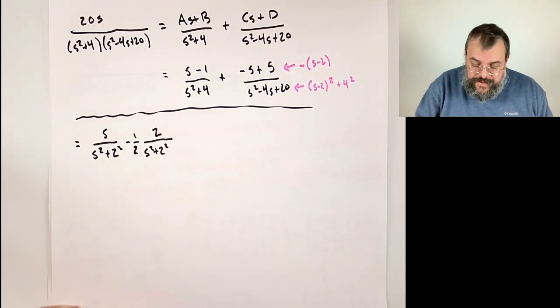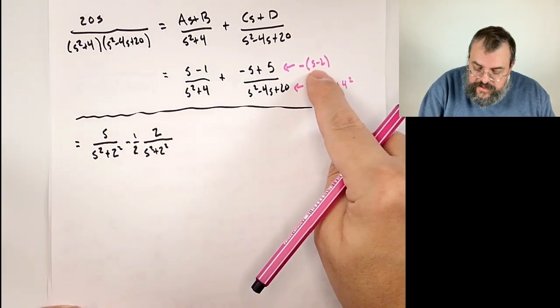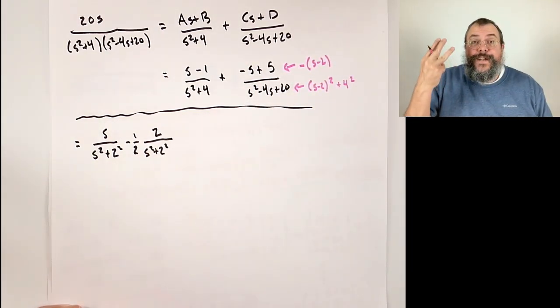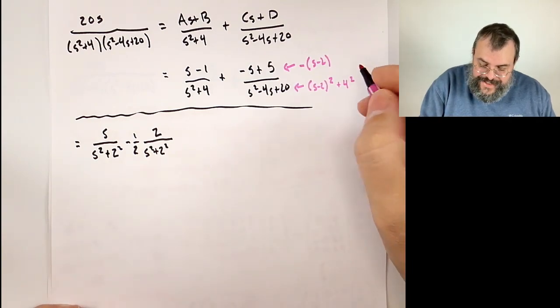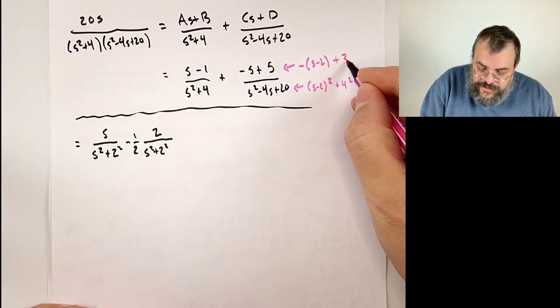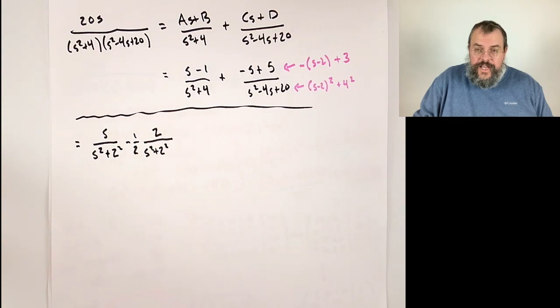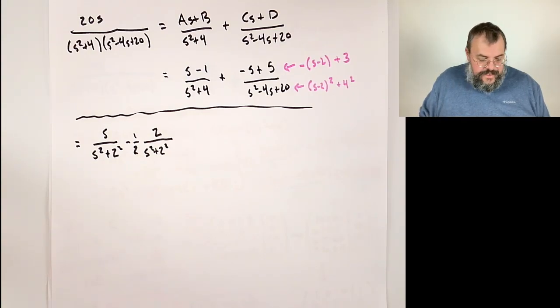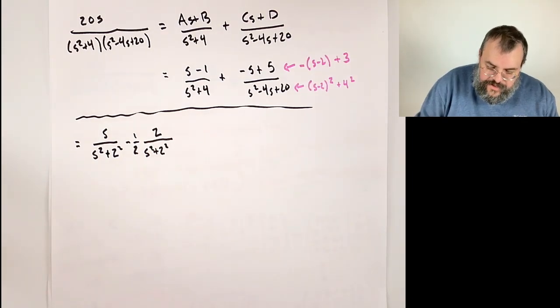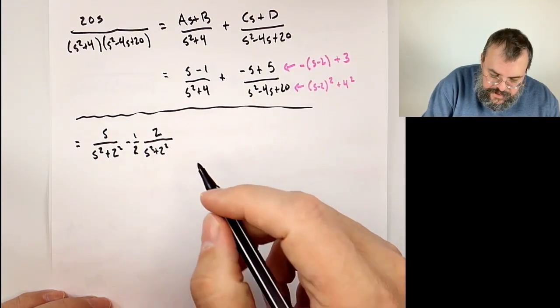But I'm not done writing the top yet. We have the minus s, it's minus s plus 2, plus 3 more. So, plus 3. Okay, so now going back to this part, let's do the s minus 2 part first.